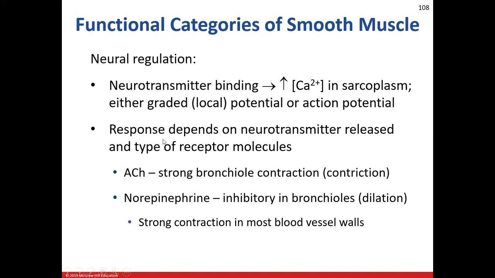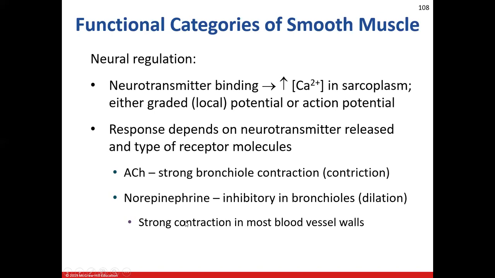Down here at the bottom, we have two examples: acetylcholine and norepinephrine. We know acetylcholine is excitatory in skeletal muscle, but what is it in smooth muscle? When we look at acetylcholine in the example of a bronchiole, we get strong contraction or constriction of those bronchioles, so the airway actually gets smaller and makes it harder to breathe.